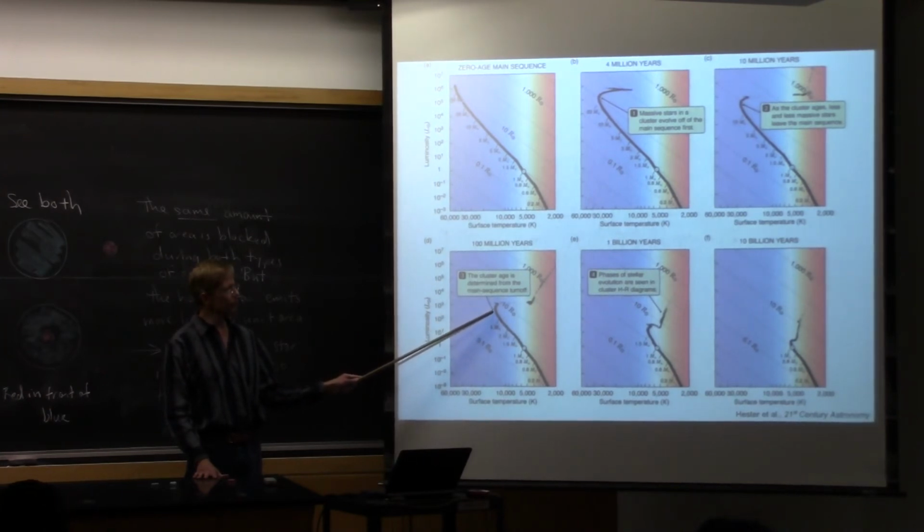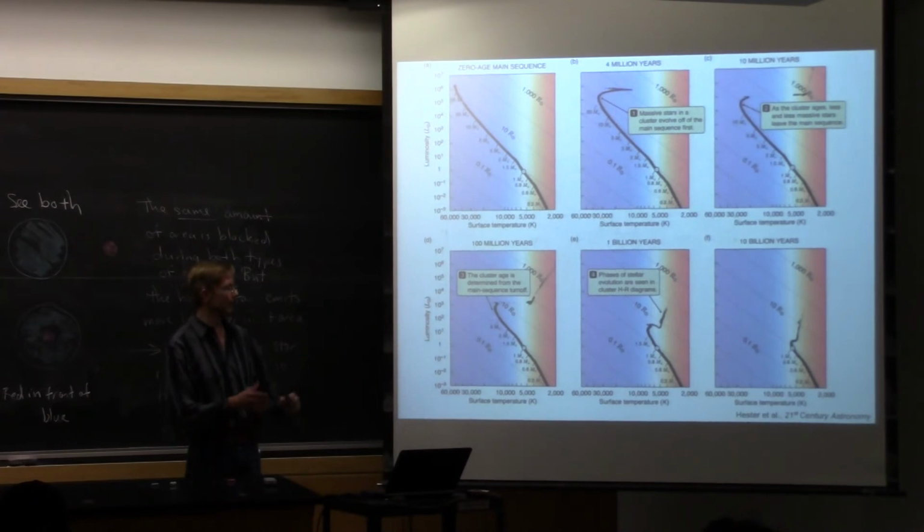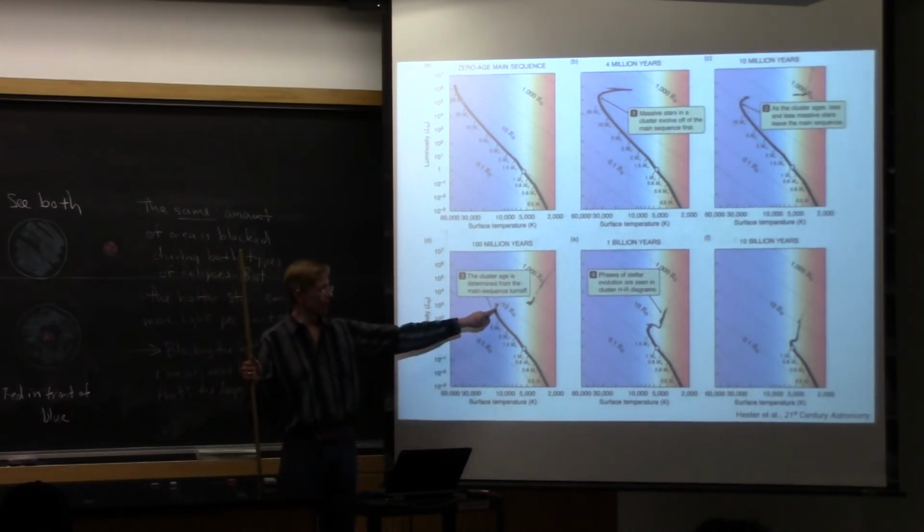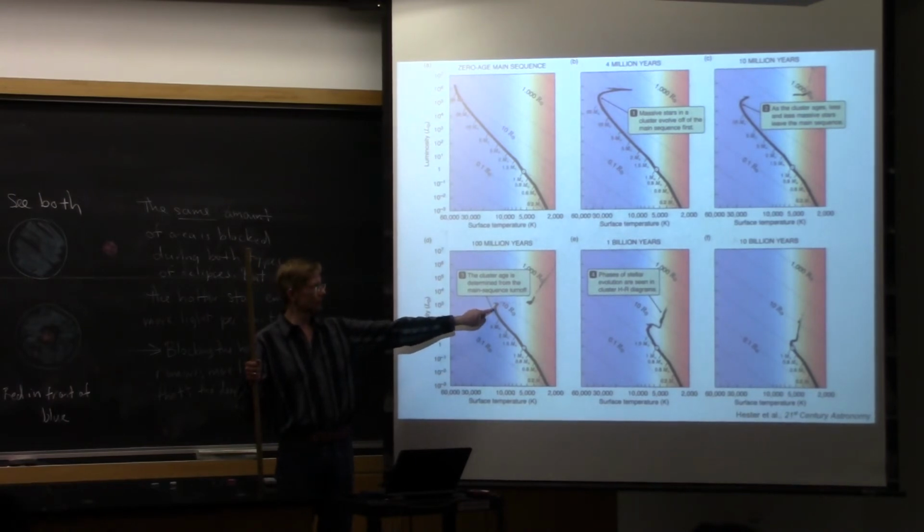And so what you do is you find the spectral type of stars at the so-called turn-off point, where stars are just now leaving the main sequence, at the top of its main sequence.